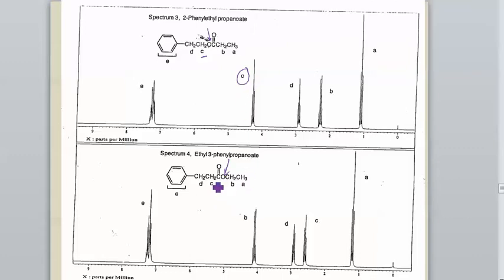Well, those same two hydrogens on the spectrum below, notice they're way over here, because in this second molecule, that CH2 group is not directly connected to an oxygen the way it is up above. And so that makes the resonance for those hydrogens labeled as C quite different: a little above 4 when they're next to that oxygen, down here around 2.5 when they're not.